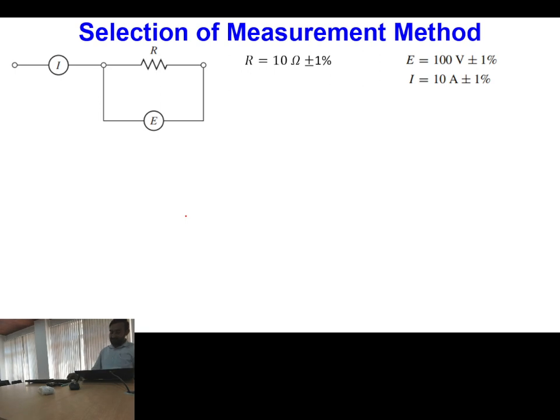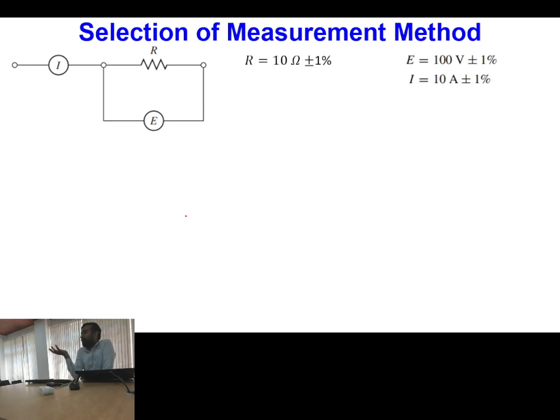Okay, now comes one important point, and this will give you an idea of what type of measurements you should choose when you plan your experiment. Say if you have a choice among different measurement parameters, then what type of measurements should you make. That's why the heading is selection of measurement method.